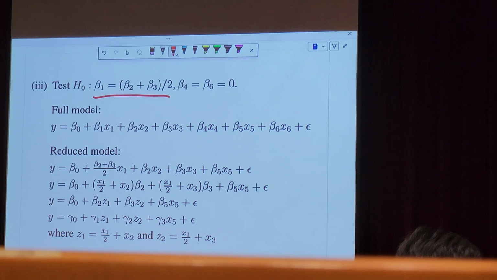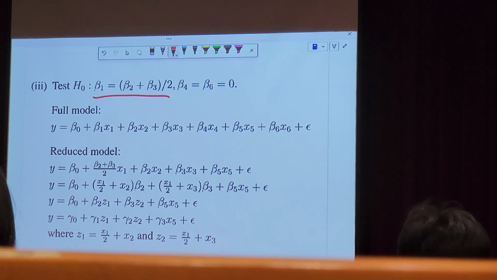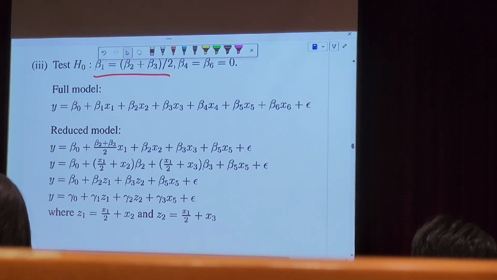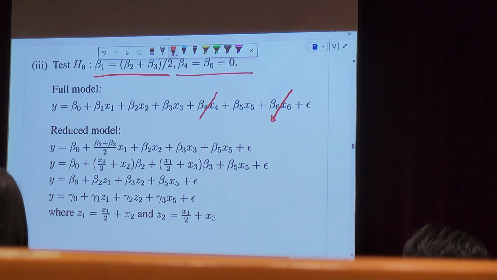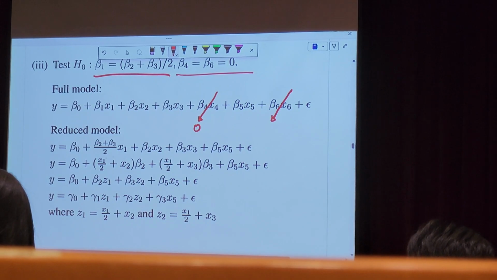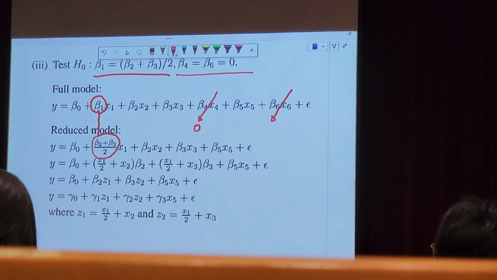So here I have 3 constraints or 3 linear combinations of betas that I want to test. Again, the full model is this. And I apply beta 4 and 6 equal to 0, so they are gone now. Beta 1 is this. So I'm trying to find out what the reduced model is.